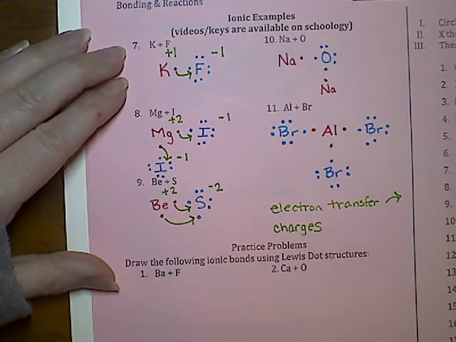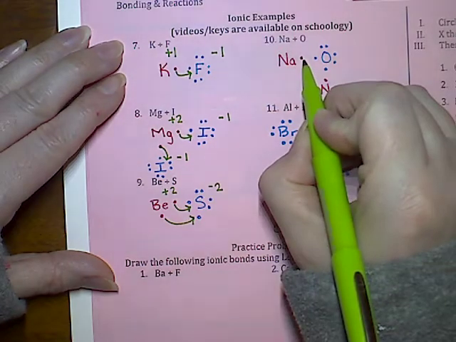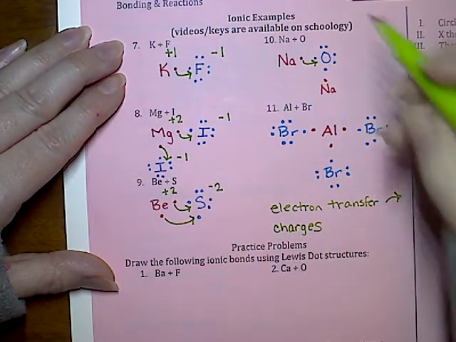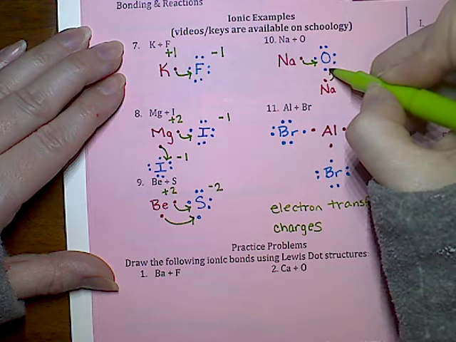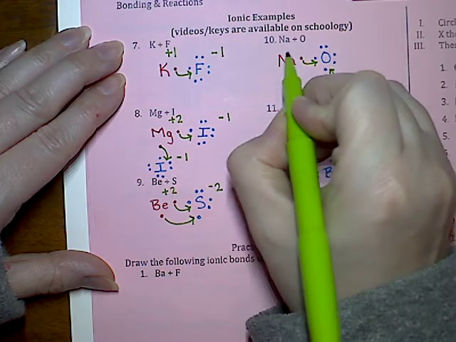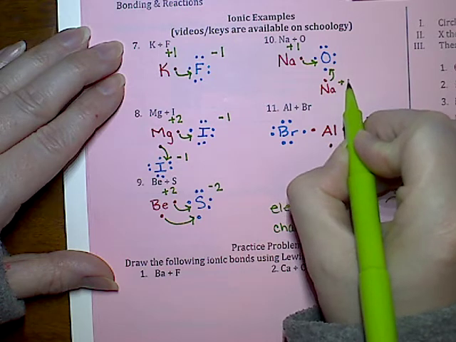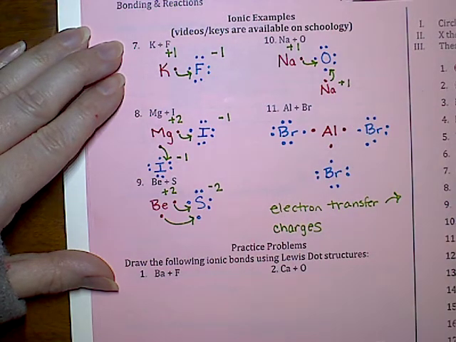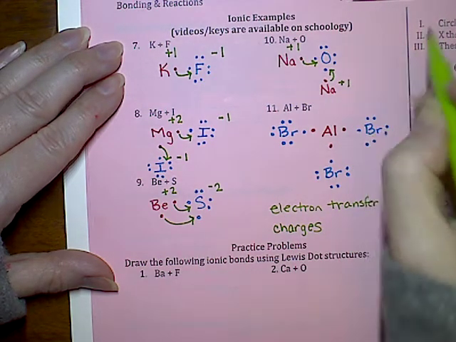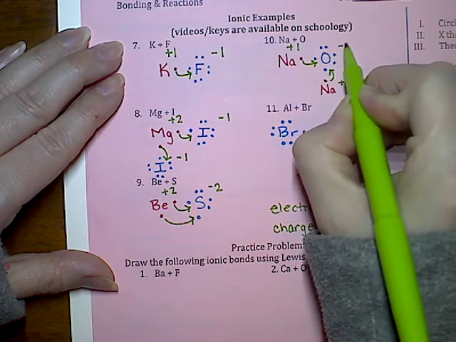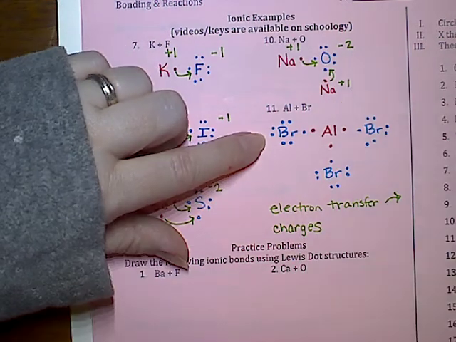Sodium can give to 1 oxygen, and this sodium can give to the other. So sodium loses 1, plus 1, and plus 1 charges, because keep in mind it has more protons than electrons. And oxygen has gained 2 electrons, and electrons are negative.